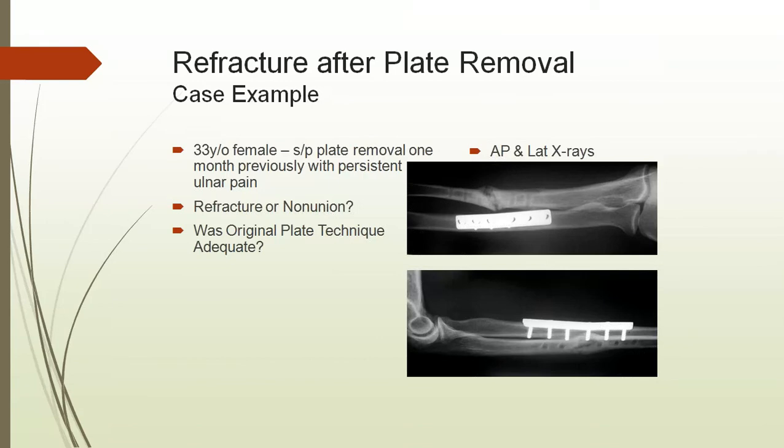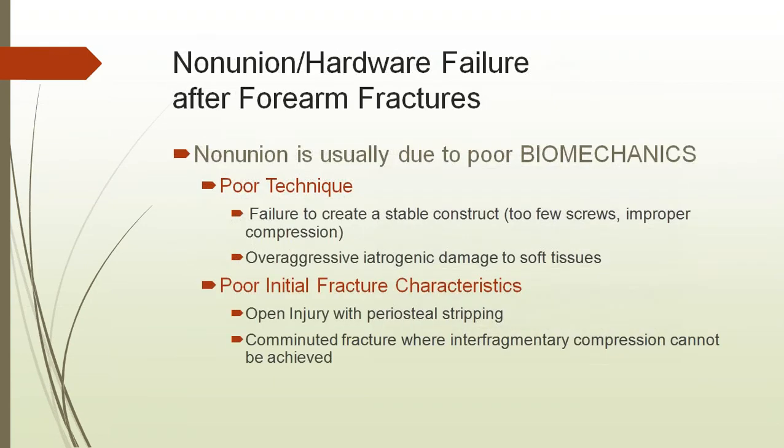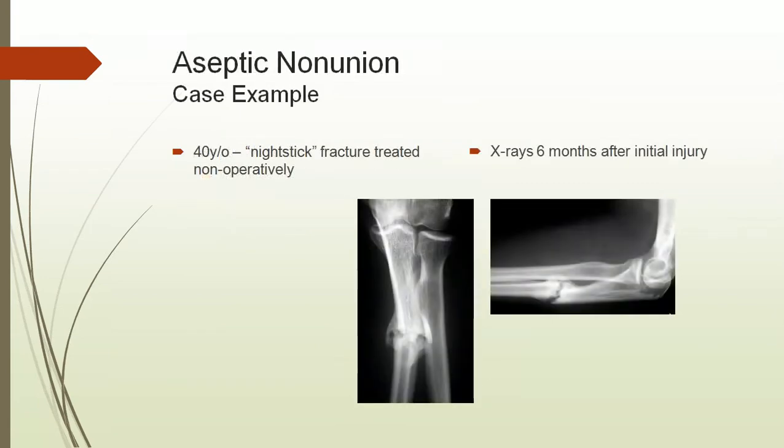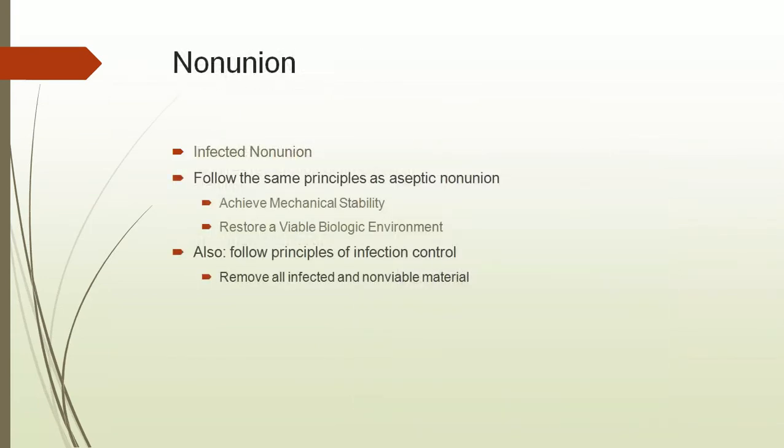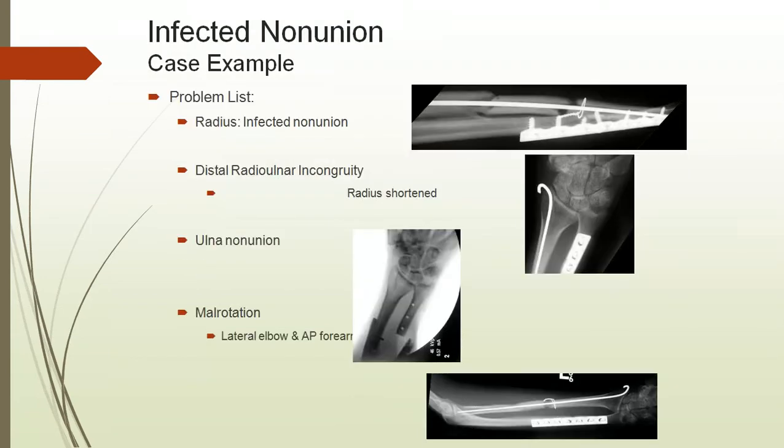Over the plate there will be thick callus and bone formation, very difficult to remove the plate. That's why at the time of removal of the plate, the bone may be fractured again. So that is one complication. Non-union and fracture complications, you have to read.